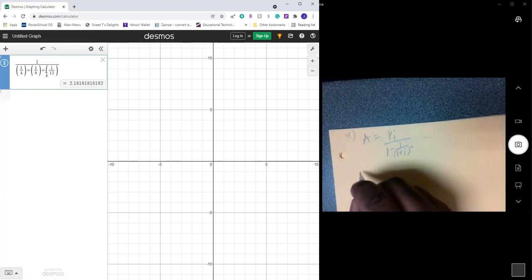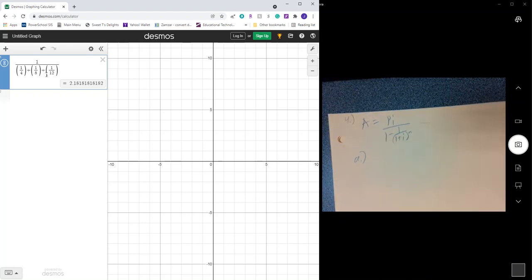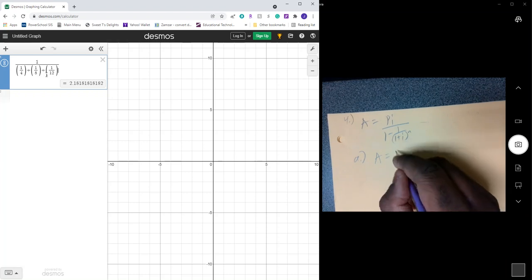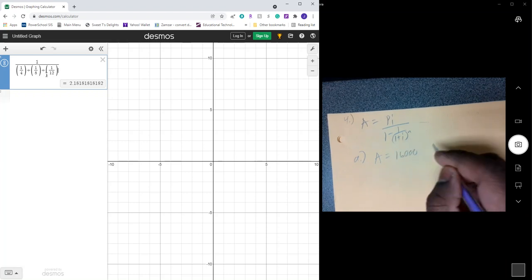So we look at 4A. It says here the car you are looking at costs $16,000 at 1% monthly interest. If you want to pay for the car over 60 months, how much will your monthly payment be? So we'll do A is equal to 16,000.